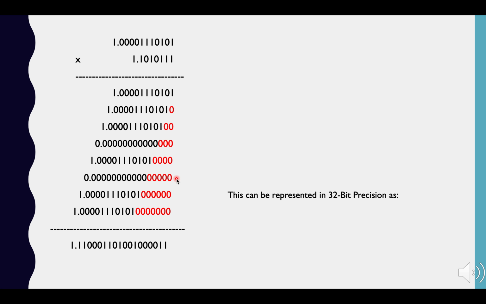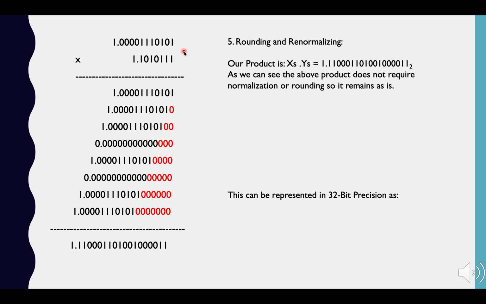Once we are done multiplying, and we reach the leftmost bit of the multiplier, then we have to add all of these expressions together. We need to make sure that our result will have the decimal dot in the same location as the last multiplied expression, which is obtained when multiplying the leftmost bit of the multiplier with the multiplicand. Once we are done, we must round and renormalize.